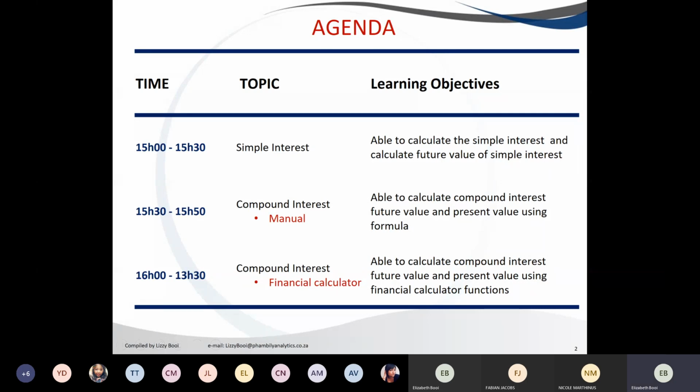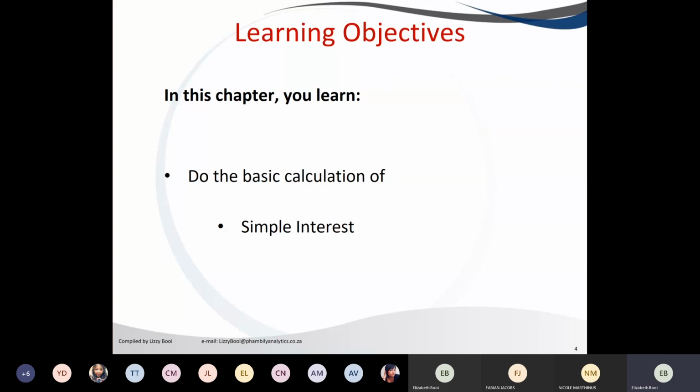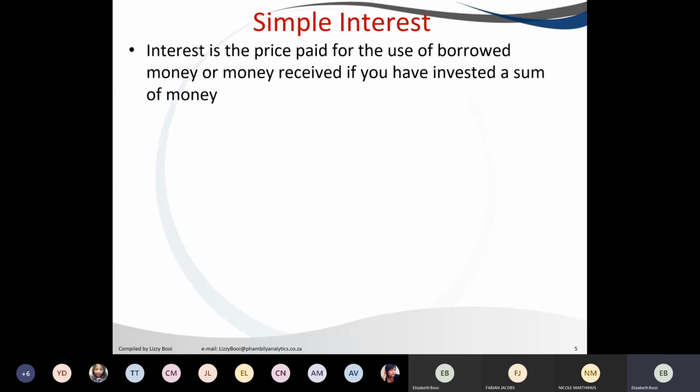So let's start. In the beginning, we're going to start looking at simple interest, and that's what we're going to concentrate on in this first 30 minutes. What is simple interest? Simple interest is just the amount you pay or the amount you get. When you borrow money, you pay that amount at the beginning. Or if you're saving money, it is the interest you will get at the end of your saving period.